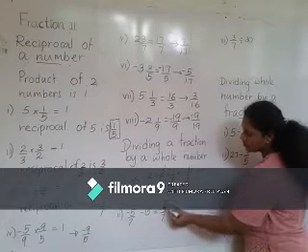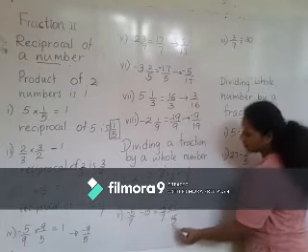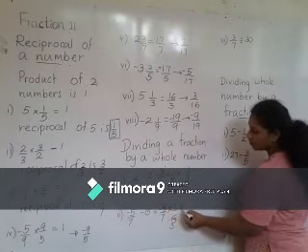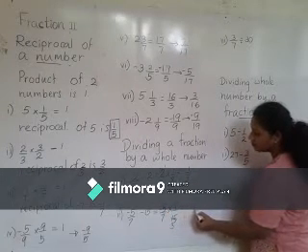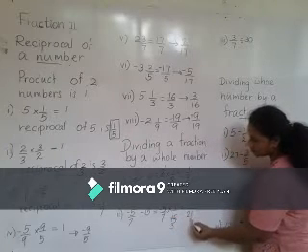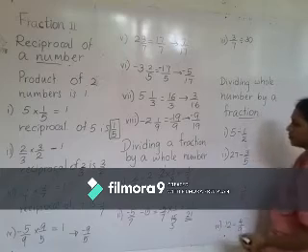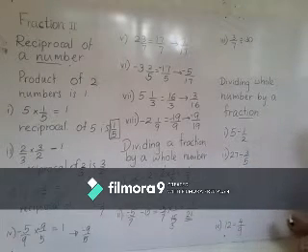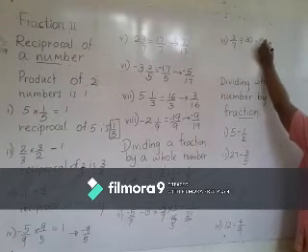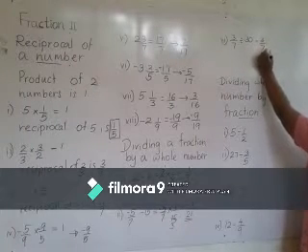Then 5 times 1 and 5 times 3, we can cancel. Then minus 1 into 1 is minus 1. Divided by 7 times 3 is 21. Minus 1/21. Next question. 3/7.